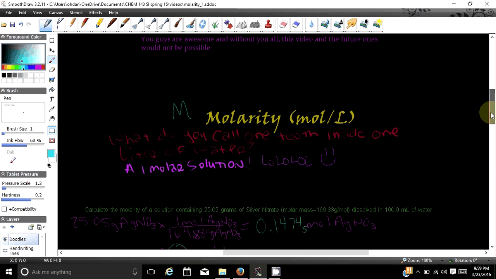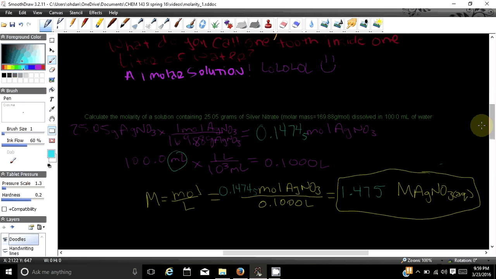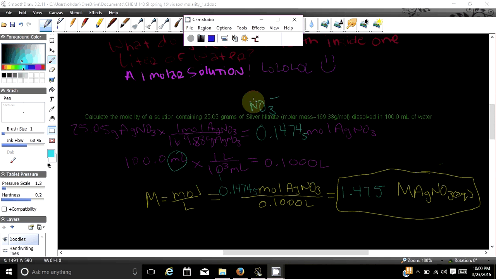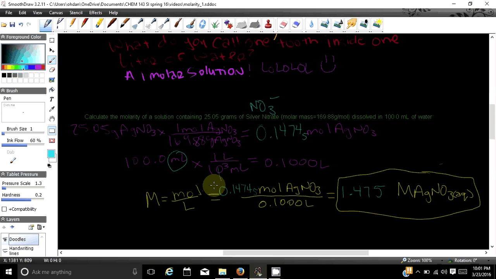Okay, so we'll jump right into an example. We're going to calculate the molarity of a solution containing 25.05 grams of silver nitrate. Now you remember that nitrate is NO3 minus, and you will also remember that silver is Ag plus.